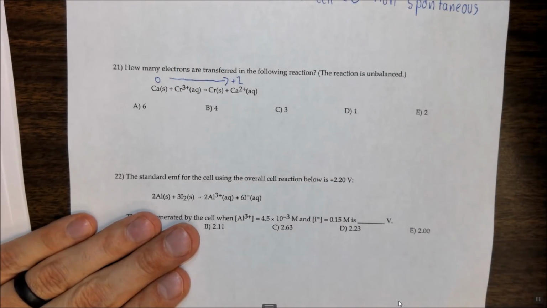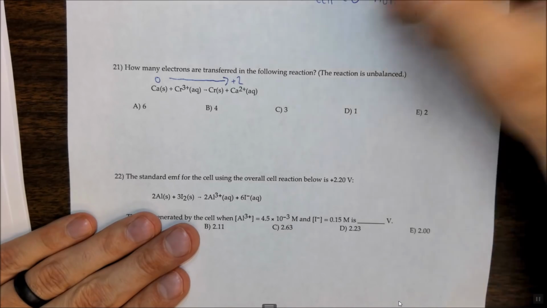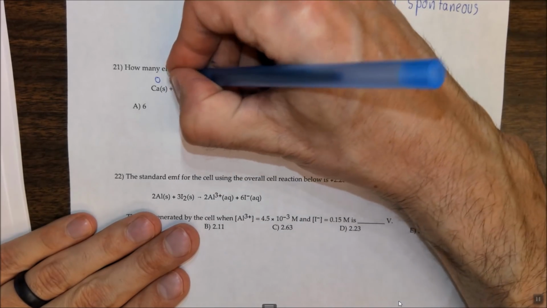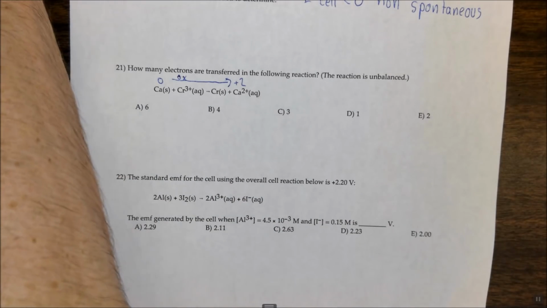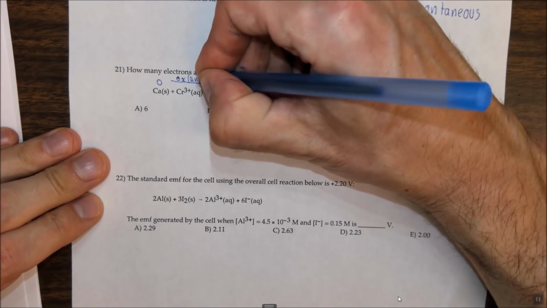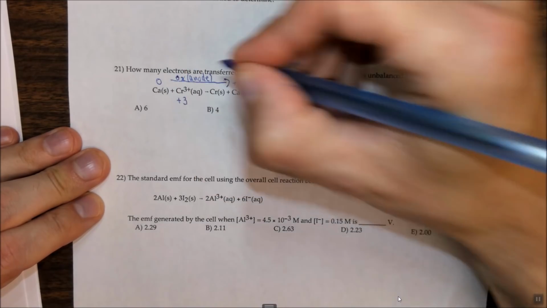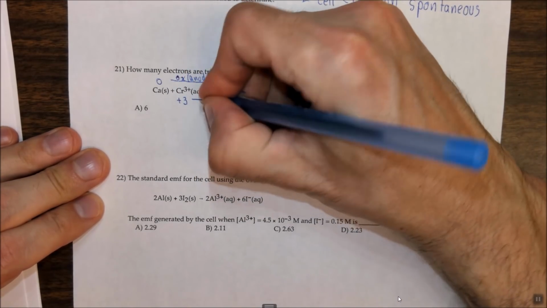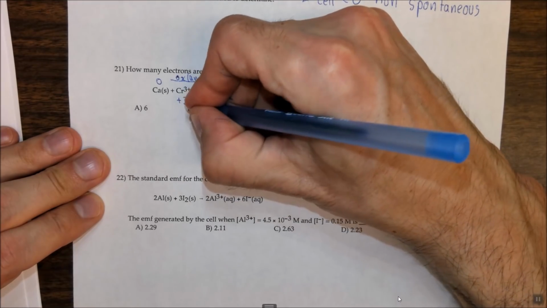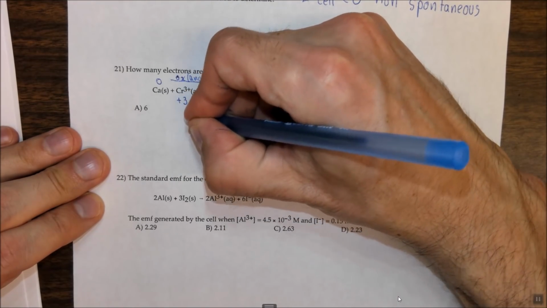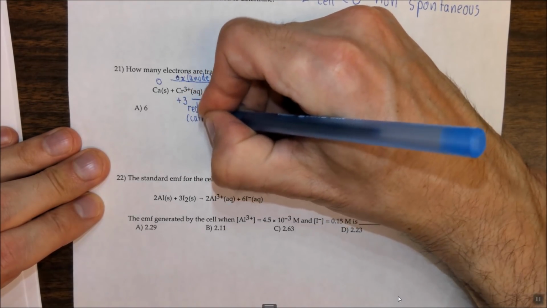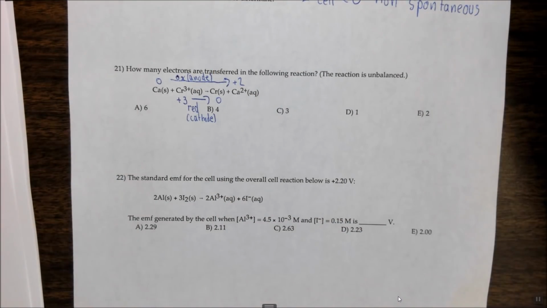So in the case of calcium, it has lost electrons, so it's been oxidized, which means that it is the anode. Chromium has gone from +3 to 0, which means it's gained electrons, or it's been reduced, which means it's the cathode. Not that you need to know if it's the anode or cathode, but it's just a good reminder in my opinion.